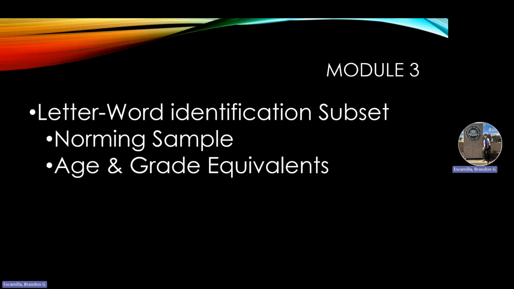This is a Woodcock language proficiency battery test that is a decoding measure which measures one's reading ability. This subset also measures the ability to identify letter forms or words. For this subset, data was gathered from 6,359 subjects in over 1,000 geographically diverse U.S. communities.